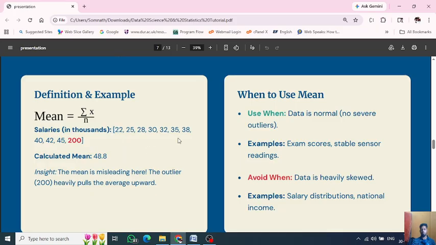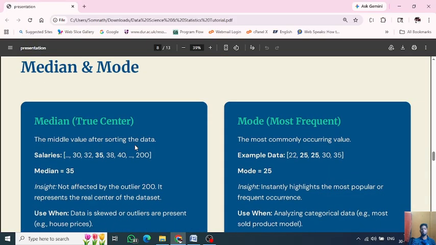Now if we pick the middle one, the middle is actually 35. Now if anyone asks you for the average salary, if you say 35, now it's correct. So if the data has an outlier, in that case you can take the median.